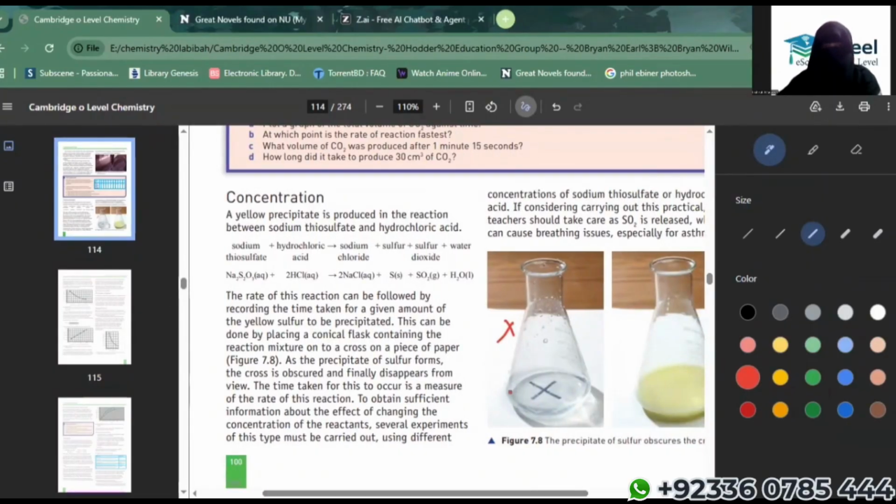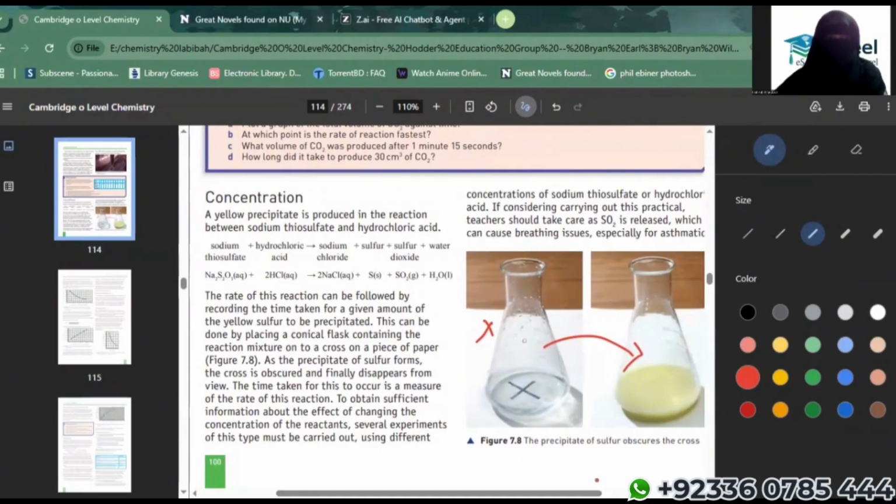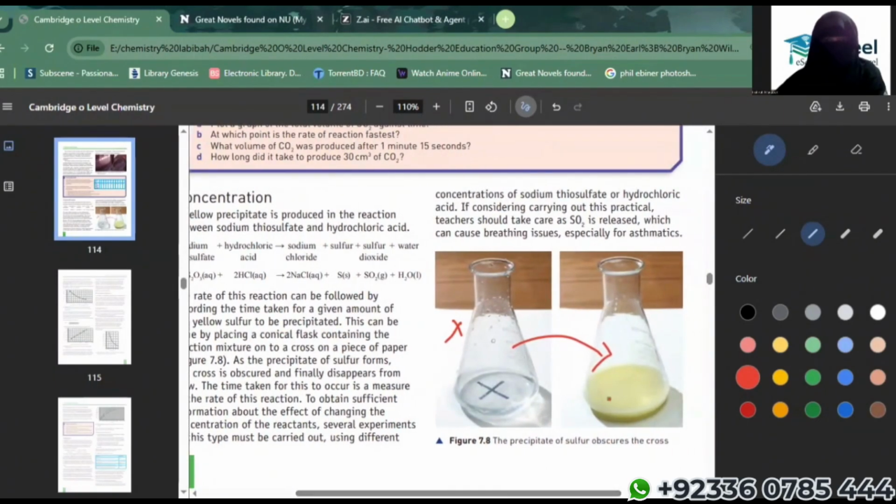And then you're going to measure the time for the sulfur to be produced. Okay? The time taken for this to occur will be the measure of the rate of reaction. And by that, you can see that increasing the concentration will decrease the time taken for the sulfur to be produced.